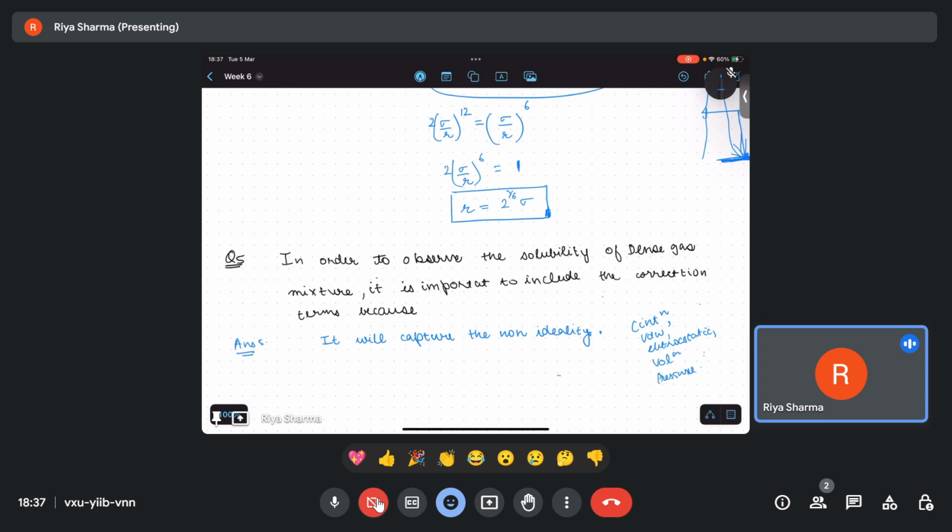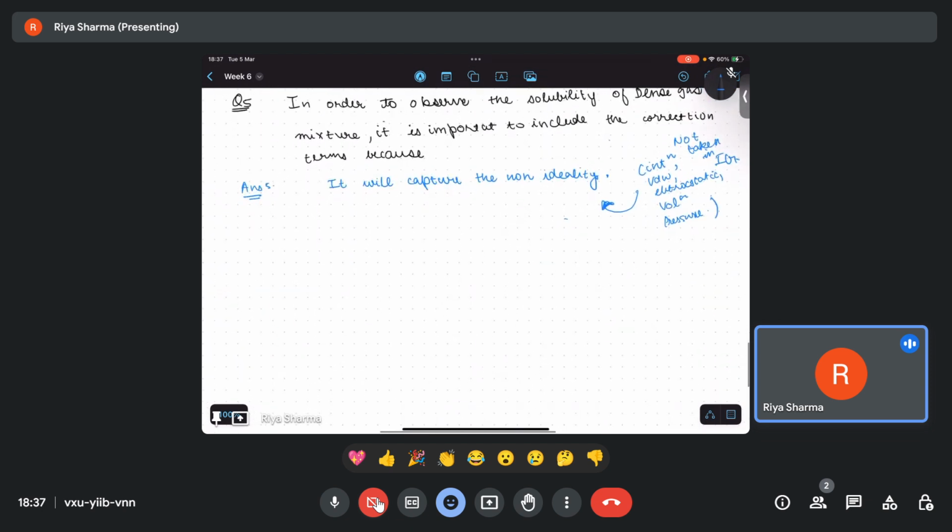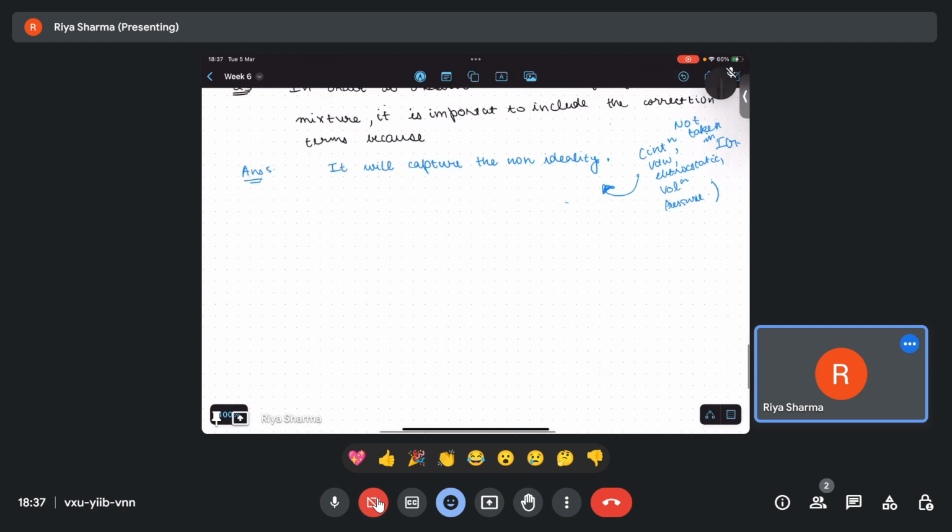These we do not take in the ideal gas, but in reality we have to capture those things, so that's why we take the non-ideal picture of it. I hope everyone is in line with it, right? Let's take a few more questions. Let's take another question.